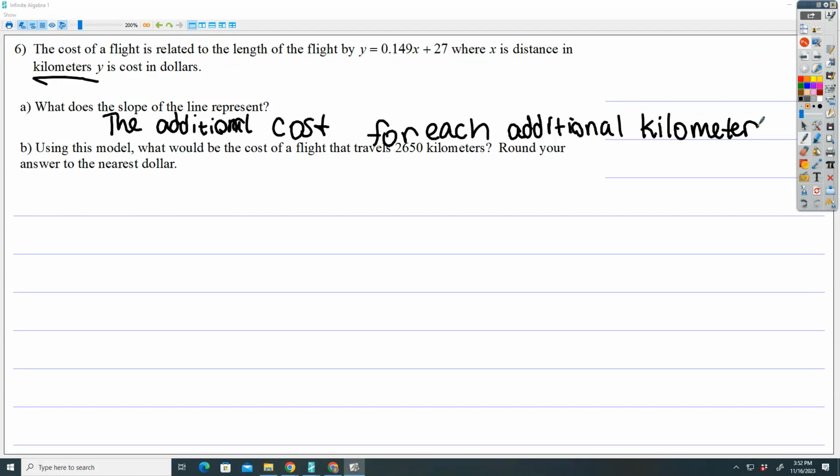Okay, last question. Using this model, what would the cost of a flight that travels 2,650 kilometers be? Round your answer to the nearest dollar. So what have we been doing the whole time? x is kilometers. So this is x, and we plug it in.